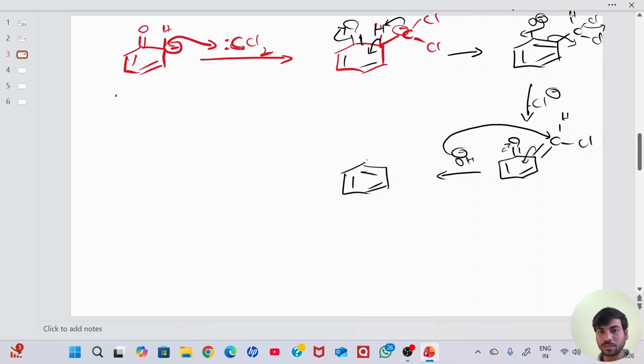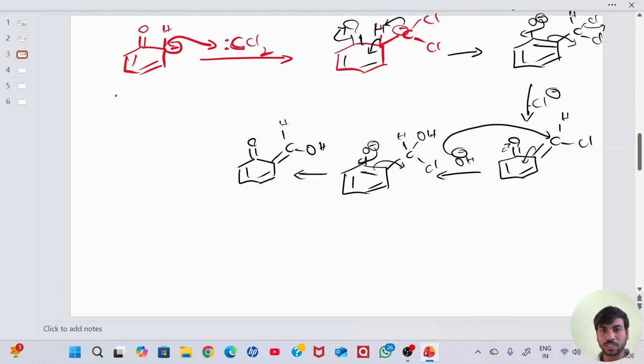Sorry, let me paste the bonds as they are. This is hydrogen, hydroxyl ion, and one more chlorine as it is, and this effect again you will see here, double bond, and here it is double bonded O, and this is H and OH.